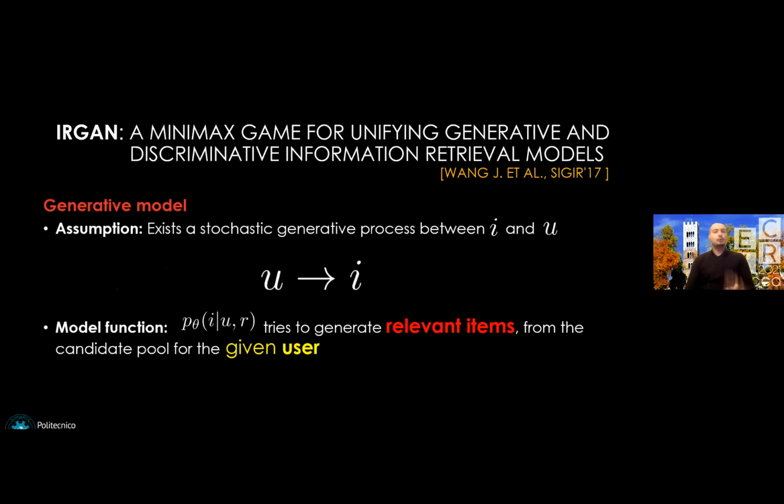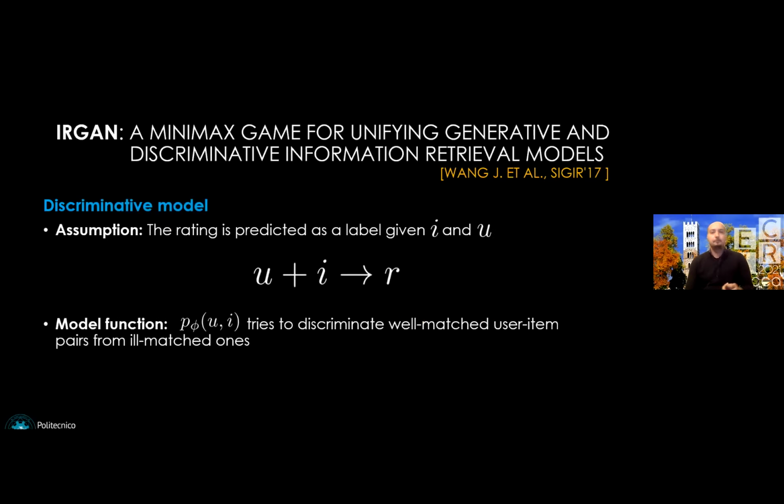To define a recommendation model, we can use IRGAN. Here, we need to make an assumption that there exists an unknown stochastic generative process that binds users and items in such a way that, given a user, we can generate an item. So now the generator tries to generate items that could be found relevant for a given user.